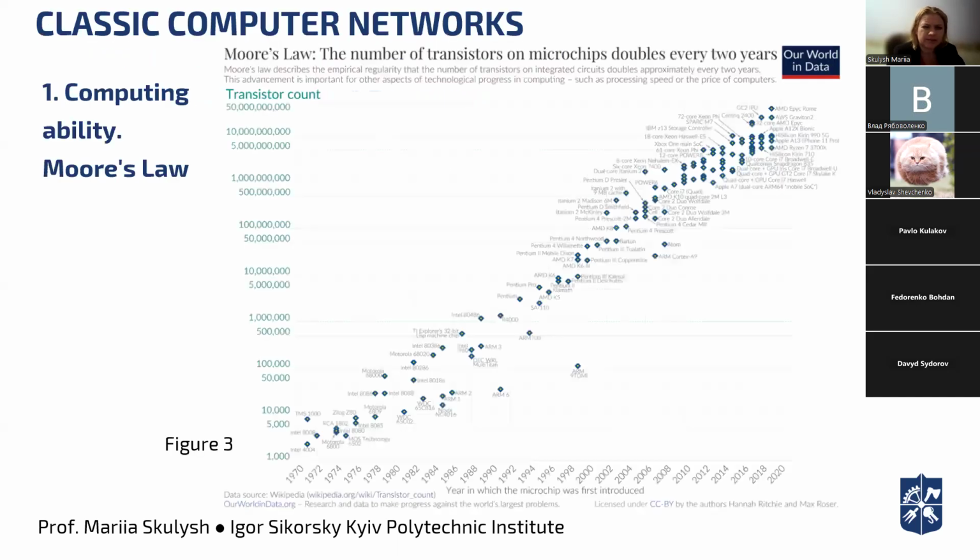There is the classical law of computing ability: the number of transistors in microchips doubles every year.